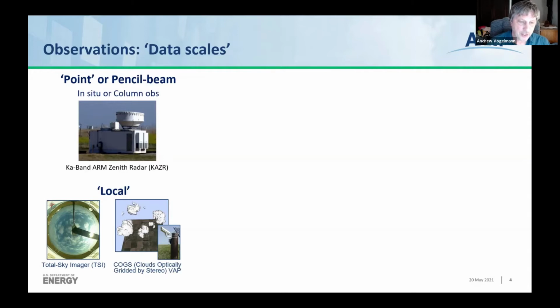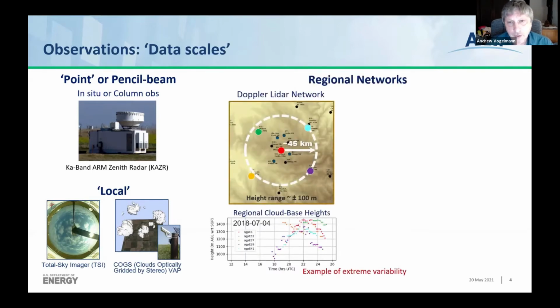COGS is a number of stereo cameras used to detect the position of cloud base and cloud height, as well as cloud fraction. Both of these local observations give you an area of approximately a 3-kilometer radius, or 6-kilometer diameter, around the SGP. You have regional networks now expanding out even further.